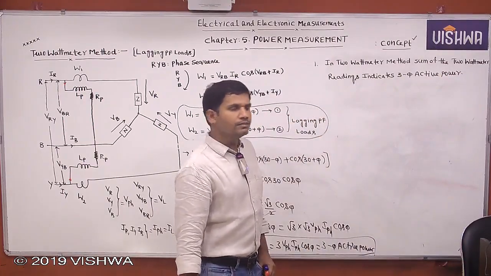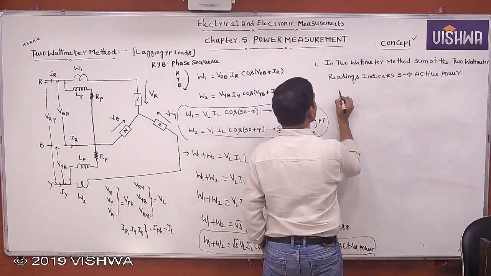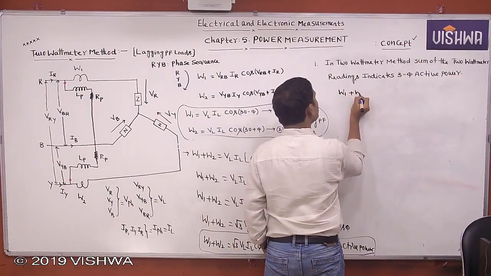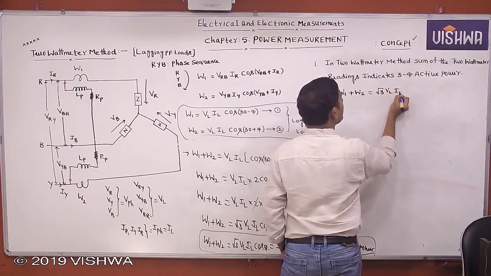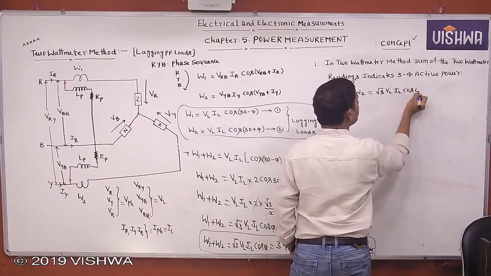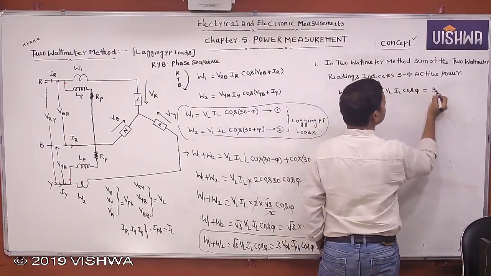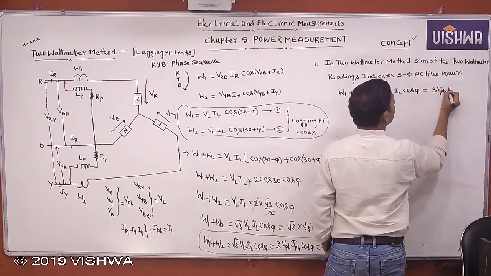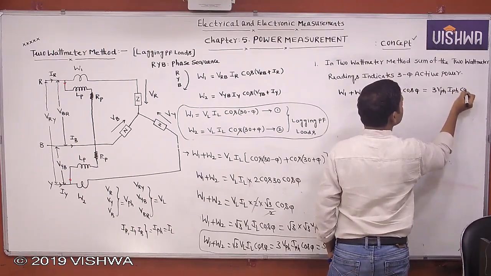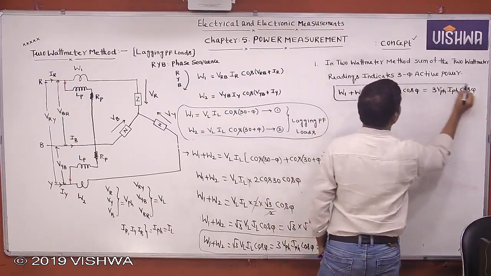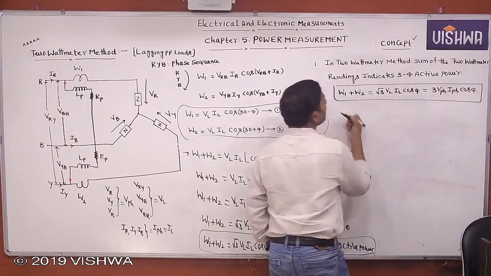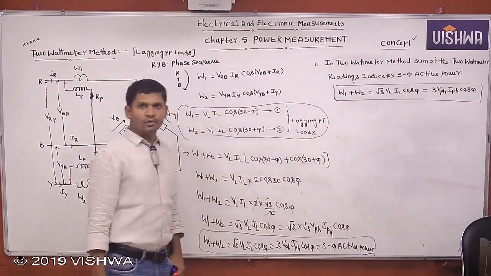Okay, then W1 plus W2 equals root 3 VL IL cos phi. This is equal to 3 V phase I phase cos phi. The sum of the 2 wattmeter readings indicates the 3 phase active power.